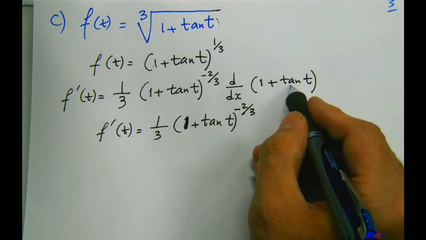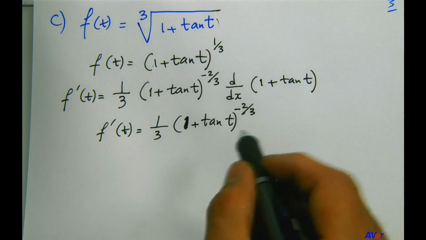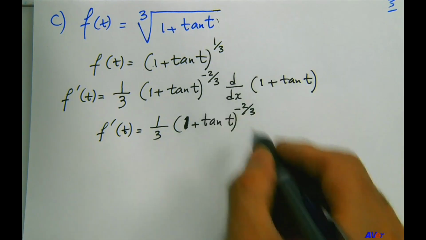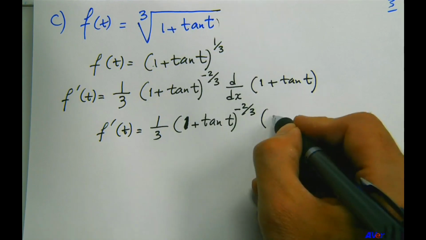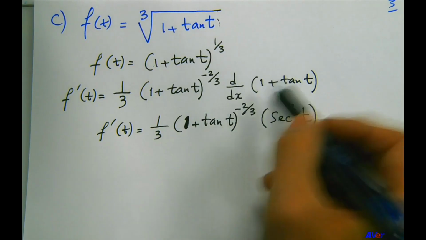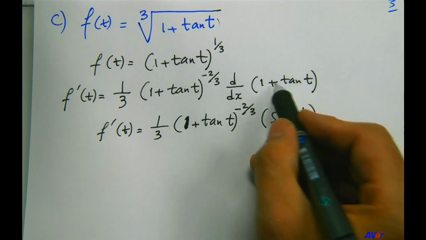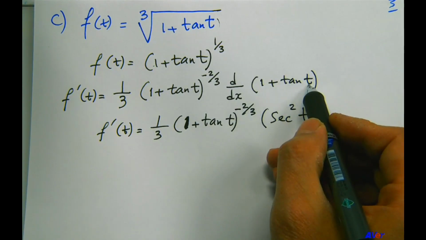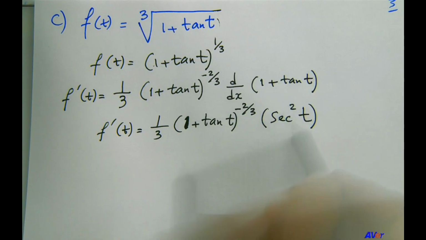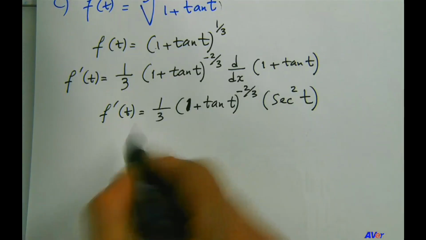Derivative of tangent t is equal to secant squared t. So times secant squared t, right? Because 1 is just a constant, so the derivative of 1 is just 0, plus tangent t has derivative secant squared t, which is there. Okay, so let's clean this up a little bit.